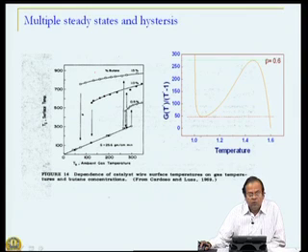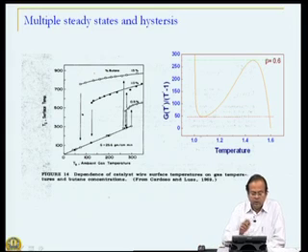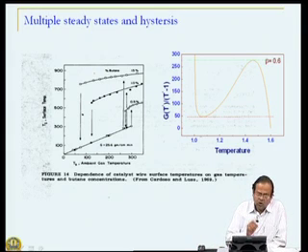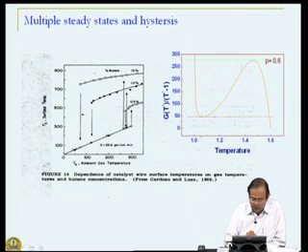We will try to look at this example for a slightly different example, and what we are looking at is the multiple steady state for a non-isothermal situation, catalytic reaction, but slightly different.